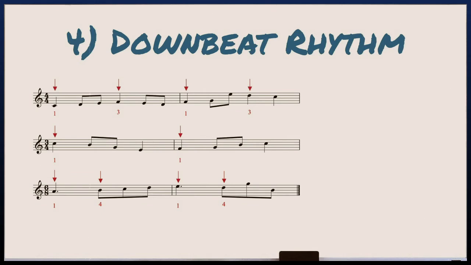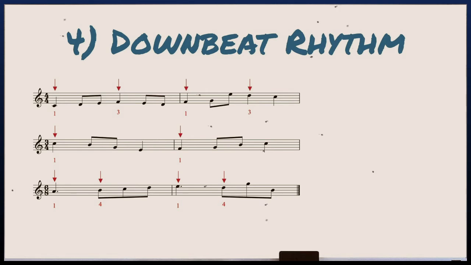The next common technique is to use the downbeat as your source of rhythm. So what this means is if you are in 4/4 time, there's a very clear pulse or beat behind the count. So you don't just count 1, 2, 3, 4, 1 like a robot.